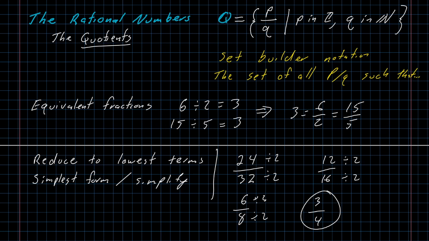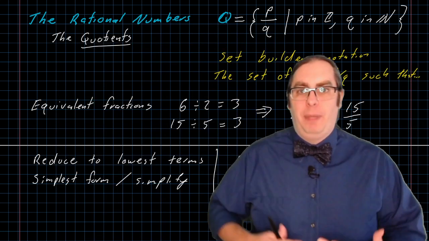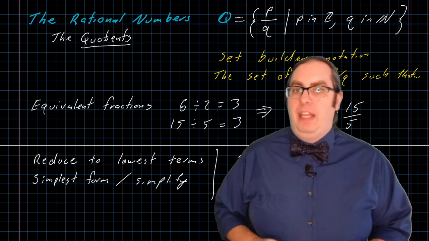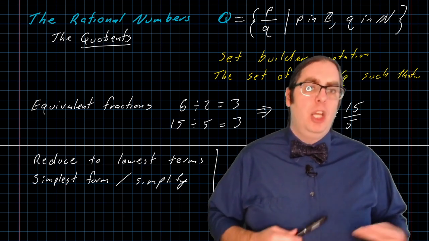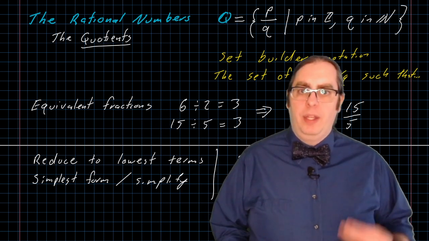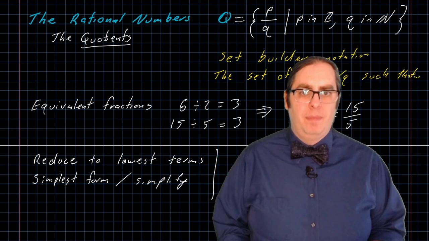I am not going to be picky about how you write out reducing to lowest terms. Once again, this is not a skill that I expect is new to you. It may have been a while since you've seen this before, but it should be something that you have seen, you have practiced, you have worked with. I just want to remind you that it's something that needs to be done.